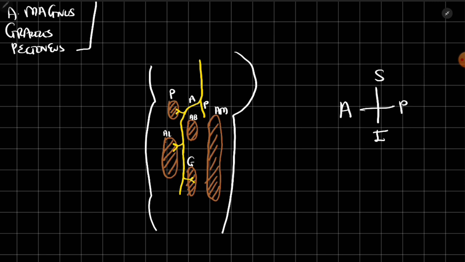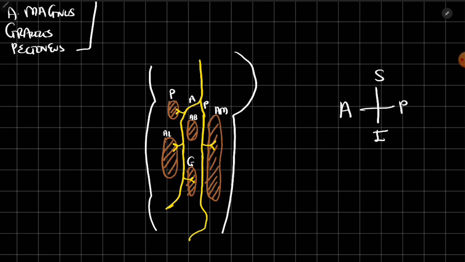It also gives a branch to the knee joint. It continues like this. The posterior division goes to the adductor magnus, and then continues downwards as the genicular branch of the posterior division.